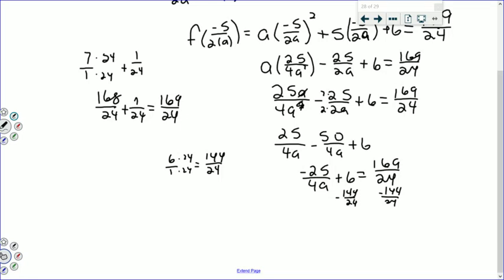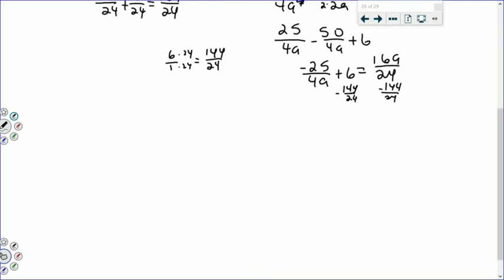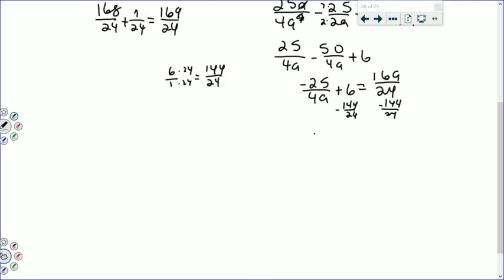We are left with 25 over 4a equals, let's see, 169 minus 144 leaves us with, is that 25? Yeah, 25 over 24. All right.